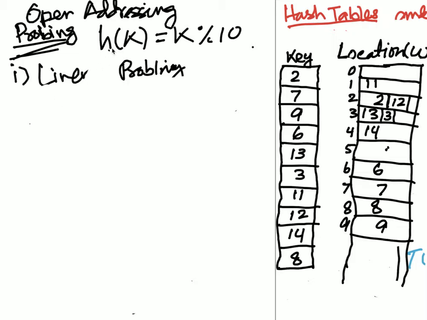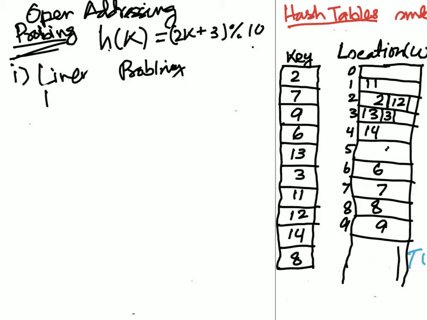If we consider another hash function instead of this simple one, for instance, if our hash function is 2k plus 3, modulus 10, then you will see the following.